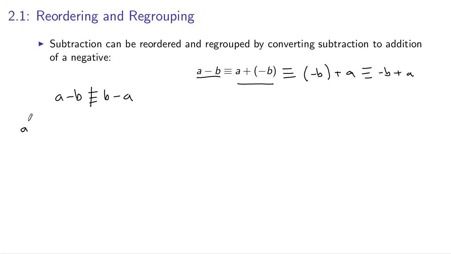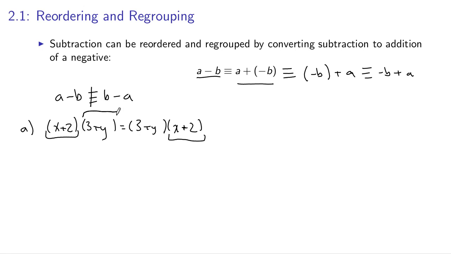So he starts with A. X plus 2 times 3 plus y equals 3 plus y times x plus 2. Well, in this case, the x plus 2 went from the left to the right, and the 3 plus y went from the right to the left. So this is an example of reordering multiplication.